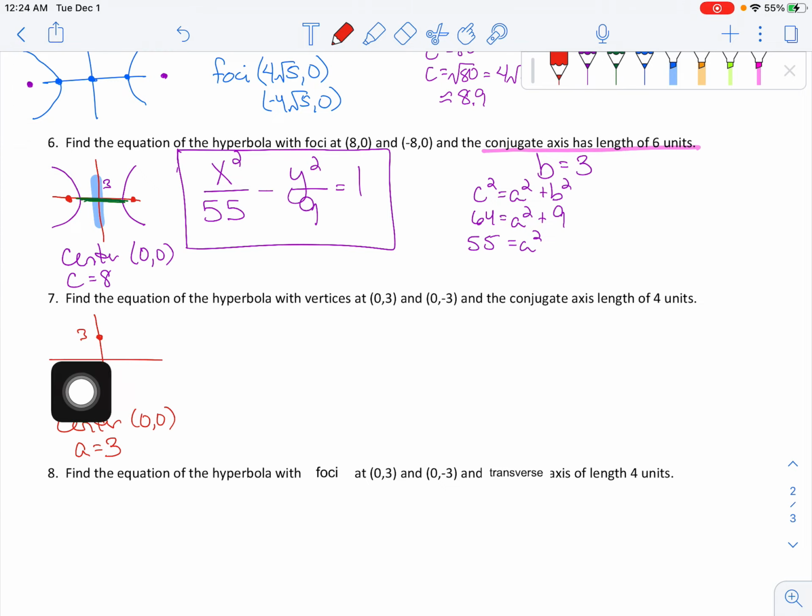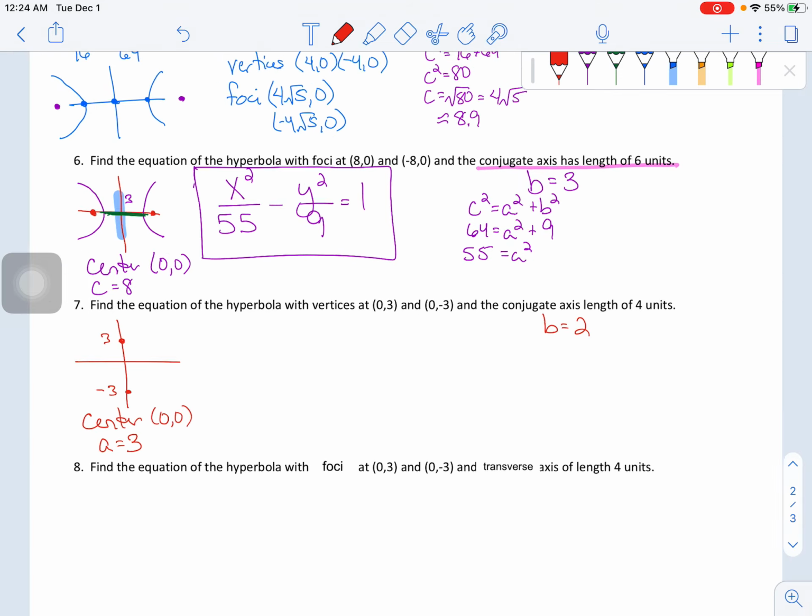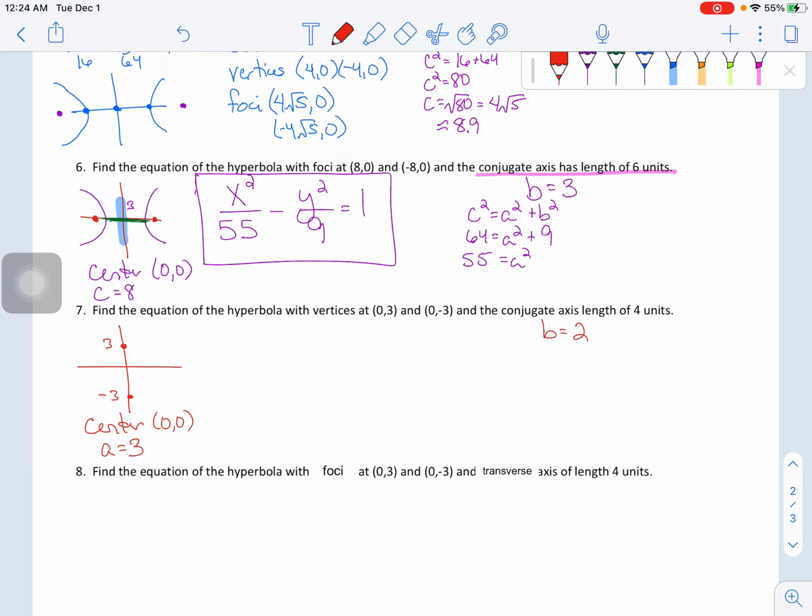That's going to be from the center to a vertex, so that's the A value. And it says the conjugate axis length is 4 units. So that tells me my B value is actually 2. Remember, we're going to cut it in half to get our actual B value.